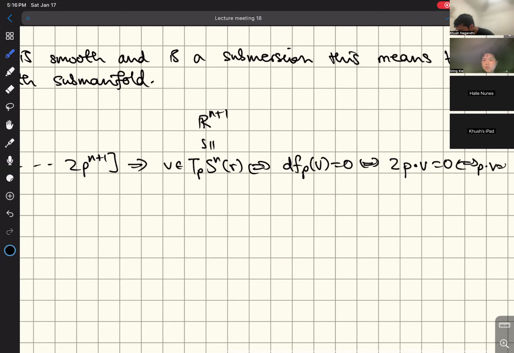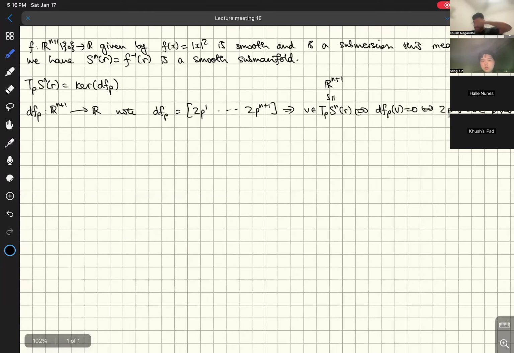Right, and this gives you the description of the tangent space of a sphere at any point. It's just the orthogonal complement of the span of p, shifted up to the point p.